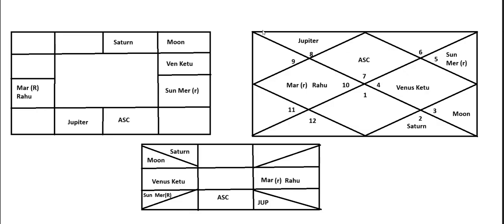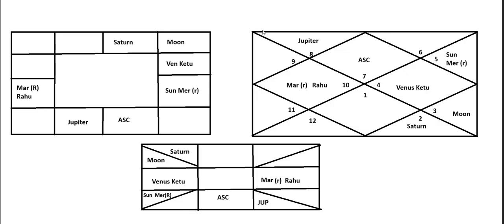Even the aspect of Jupiter couldn't save this person. Jupiter is under Saturn's nakshatra, so somehow Jupiter is also reflecting Saturn in some ways.